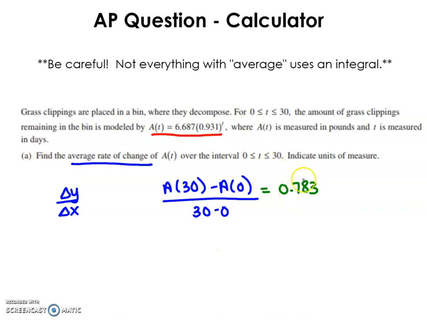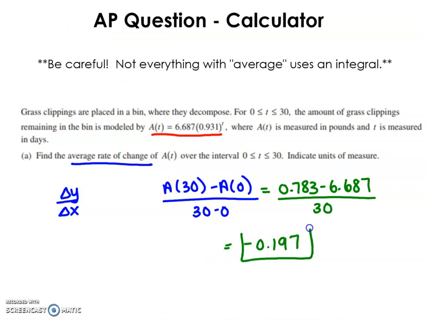If I plug in 0, that's going to give me 6.687. And then 30 minus 0 is just 30. So if I calculate this, I end up with negative 0.197. So just be careful of the wording. It needs to say average value if you're using average value. If it's average rate of change, you're going to do this.